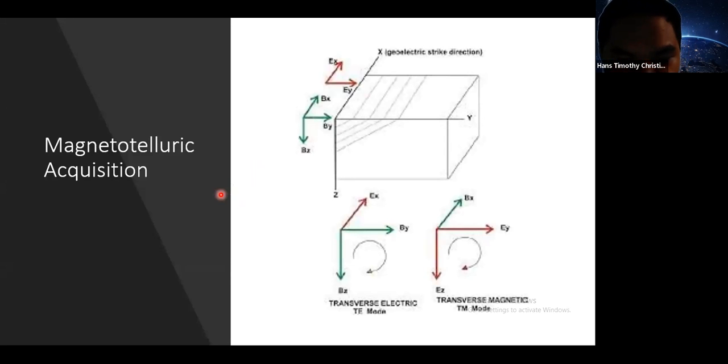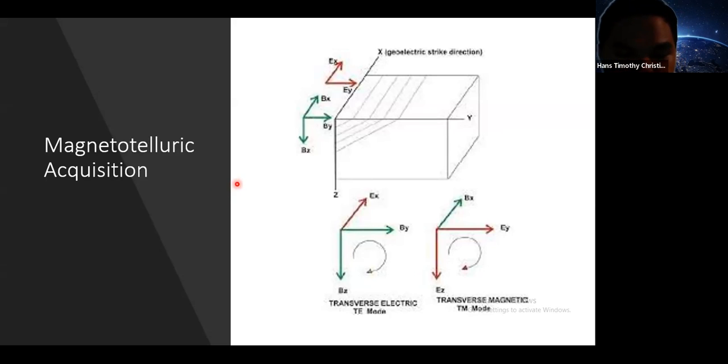Magnetotelluric acquisition. Data recording is usually done for up to a dozen hours so that the measurement data is enough to describe the condition below the surface to a depth of thousands of meters. The MTU tool will record the time variation of the magnetic field and electric field, which will be stored in a removable flashcard.